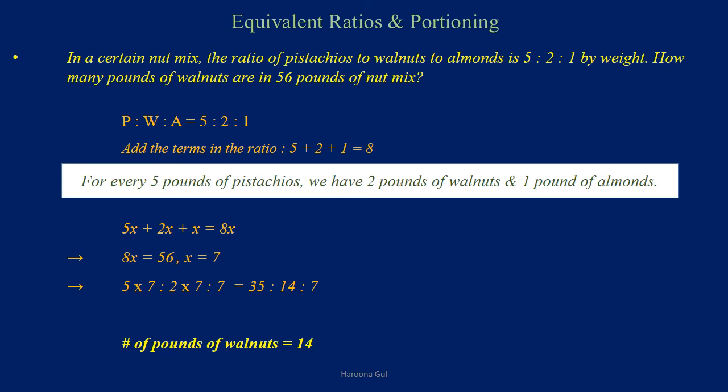So the question is asking us only about the walnuts. So our answer would be 14, because 2 into 7 is equal to 14, and that means that we have 14 pounds of walnuts in 56 pounds of nut mix, right?